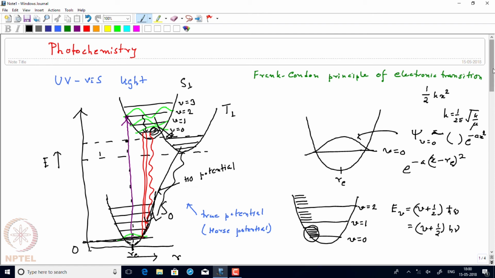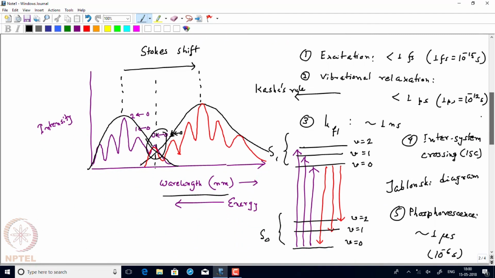So, I will just give you a quick summary of what we have discussed so far. Before that I will just quickly explain why the structures disappear. Usually if you take a fluorophore in the gas phase, you will have nice vibrational features in the electronic absorption, but you will not see the same thing in condensed phase. The reason textbooks usually give is that the molecules have many energy levels, and that is why you will have a congested spectrum with many lines and it will be structureless, which is not very true, because if you take even a fairly large molecule in gas phase, you will see some structure.